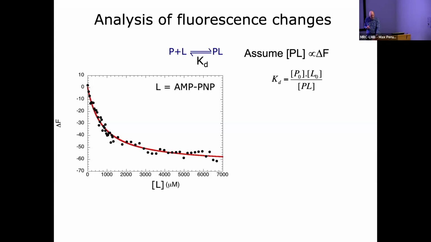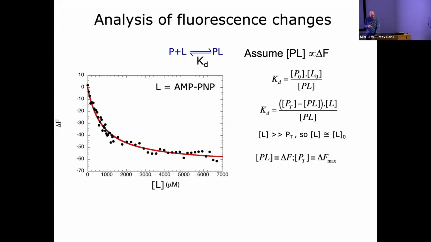So we want to work out this KD from the free protein and the free ligand over the amount of complex we formed. But what's going to happen is that the amount of free protein is going to be reduced by the amount of complex we're forming. But what about the ligand? Well, because the concentration of the protein is quite low and the concentration of the ligand is quite high, the amount of ligand you're putting in is essentially the same as the free ligand.